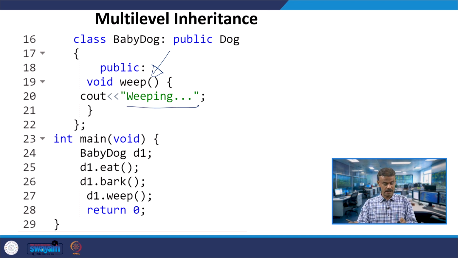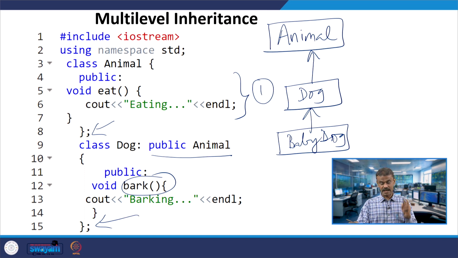So you have a scenario like this: animal, dog and baby dog. Baby dog is inheriting dog and dog is inheriting animal. When you have such a program, you call this multi-level inheritance in C++.